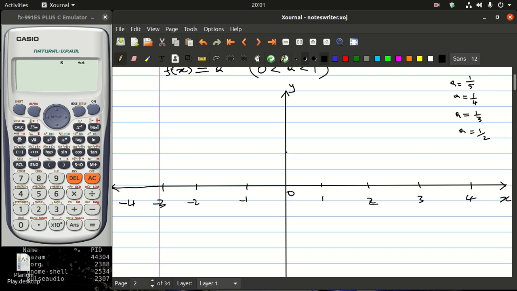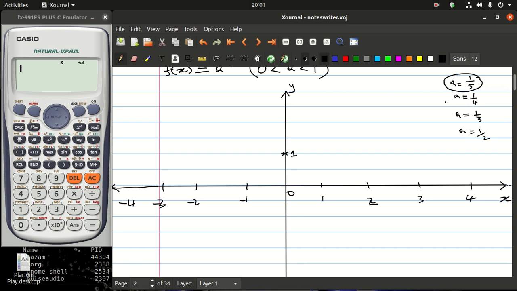And at this point here, I'm gonna say this is equal to 1 because all the exponential functions have to pass through 1. And also another thing is, the x-axis acts as a horizontal asymptote of these particular functions here. I am going to start with this one here, right?